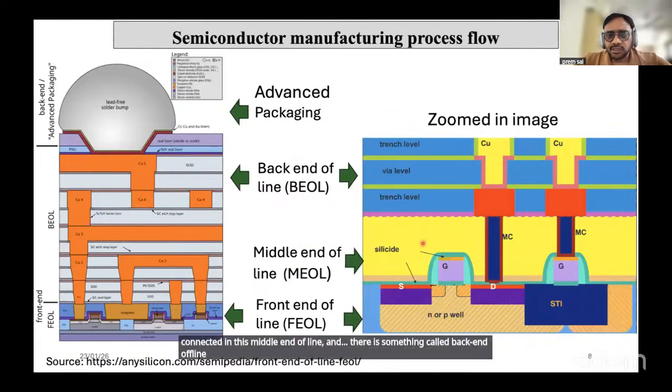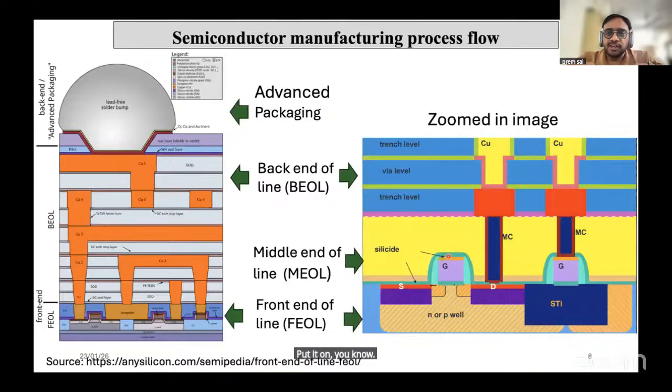After that, because these are all in nanometers, if you want to put it on the packaged lead frame, you have to increase the number of metal layers. Here also it is the same: copper, then a dielectric in between, then copper.